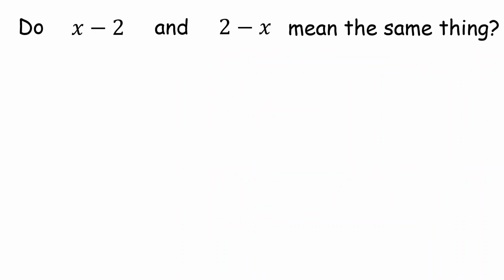And now, this time, do x take away 2 and 2 take away x mean the same thing? I would usually ask in class for somebody to give me a value of x. So someone might say x equal to 4. Well, if x were equal to 4, we would have 4 take away 2, which is equal to 2. And then 2 take away 4 is negative 2. You can see that 2 is clearly not equal to minus 2.